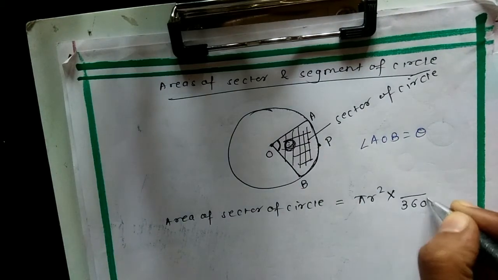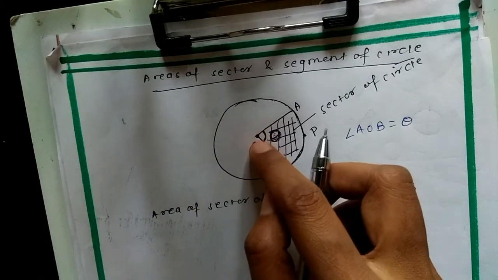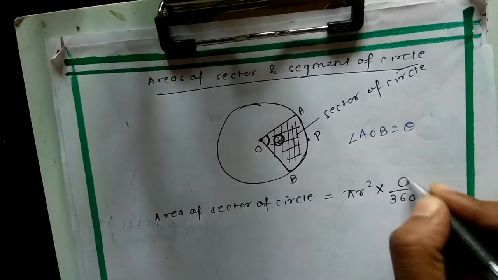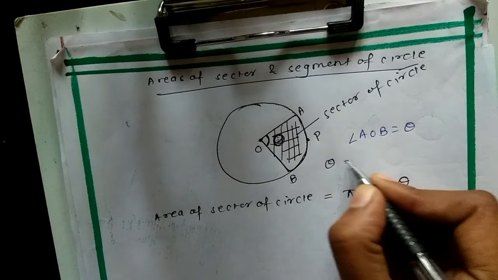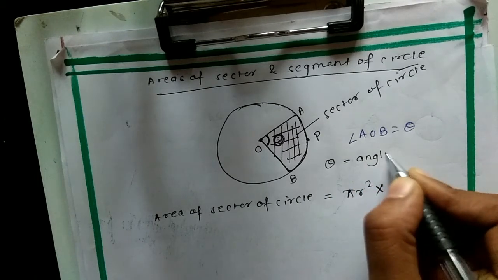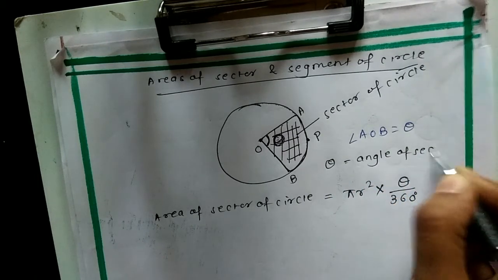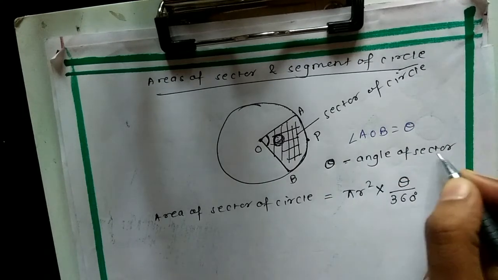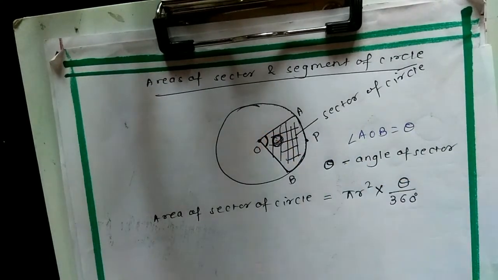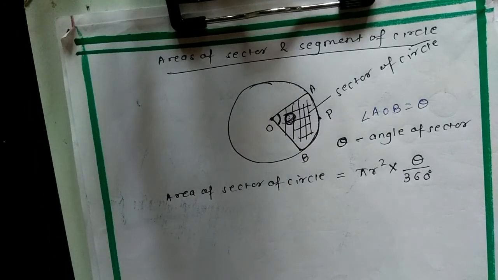Out of 360 degrees, how much is the angle between the radii? That theta you have to take. So theta is the angle of sector, also called the angle of sector of circle. The angle of sector is formed between the two radii. So this is the formula for the area of a sector of a circle.